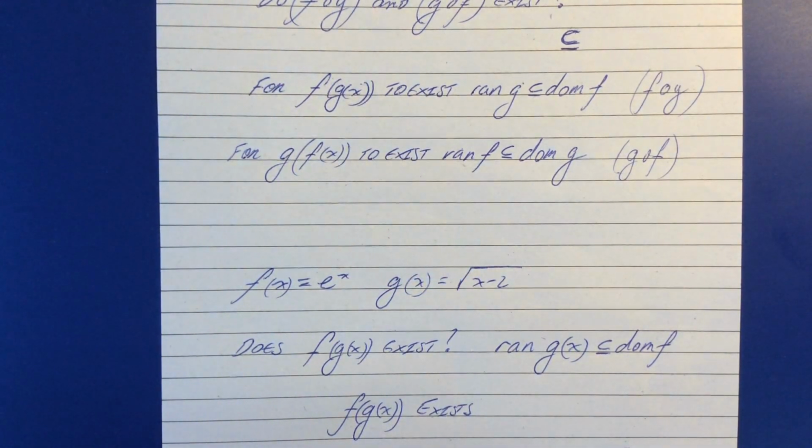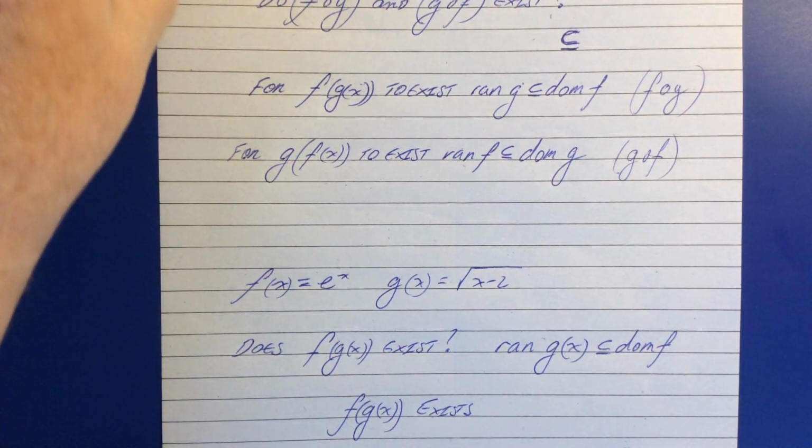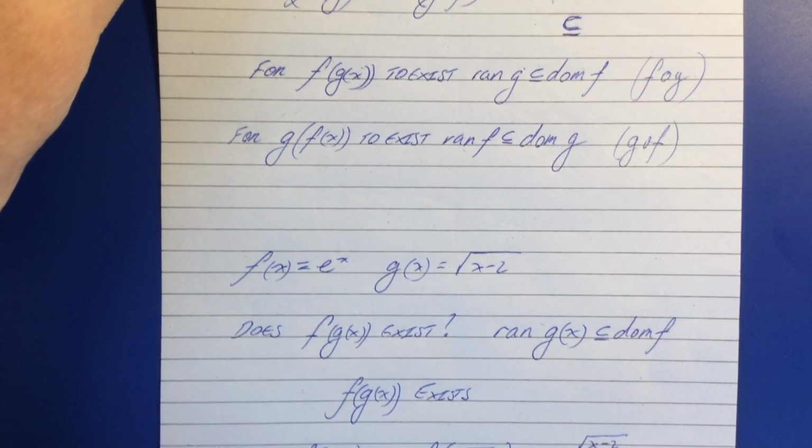Well, it's in this form, it's all positive numbers. I think it will include 0. What is the domain of f? Well, it's positive numbers. So I don't think that we have a problem here. We apply the test. Is the range of g a subset or equal to the domain of f? Yes. Therefore, f of g exists.